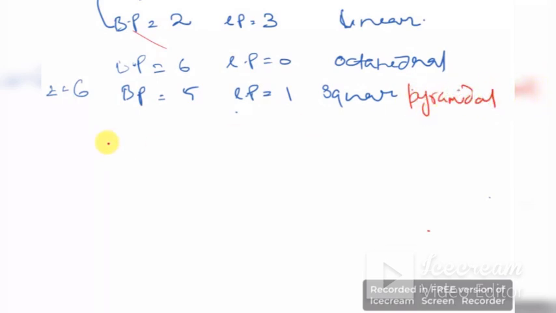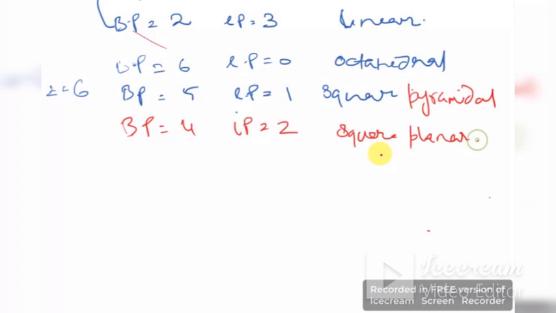If bond pair is 4 and lone pair is 2, then it is called square planar. These are the variations. In Z equal to 6, 3 variations are there. You have to remember the variations.